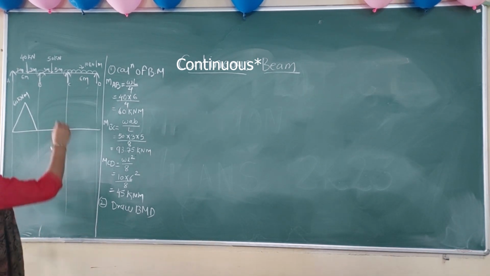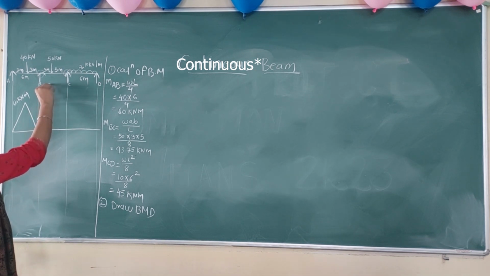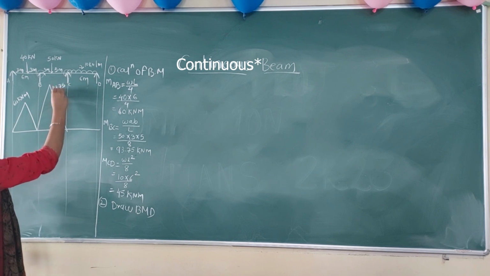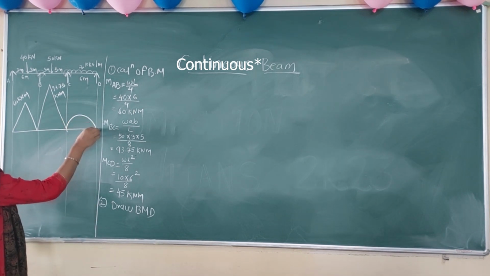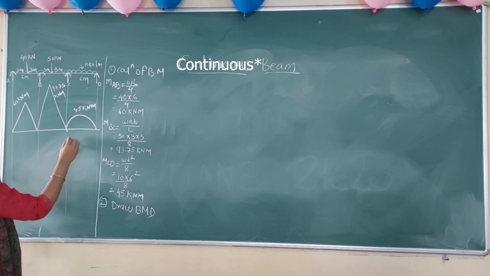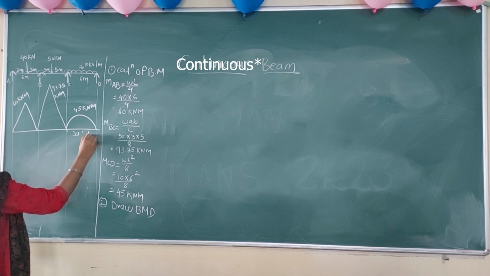BC is 93.75 kilonewton meter, so this is an eccentric triangle. And CD is 45 kilonewton meter. This is our bending moment diagram, which is also called the mu diagram.